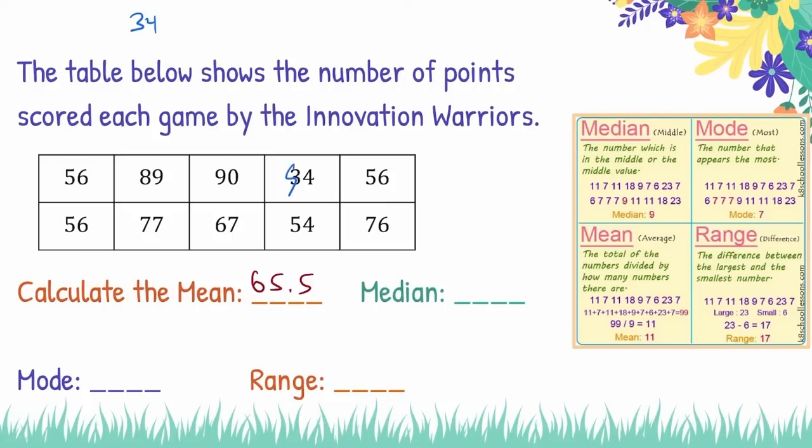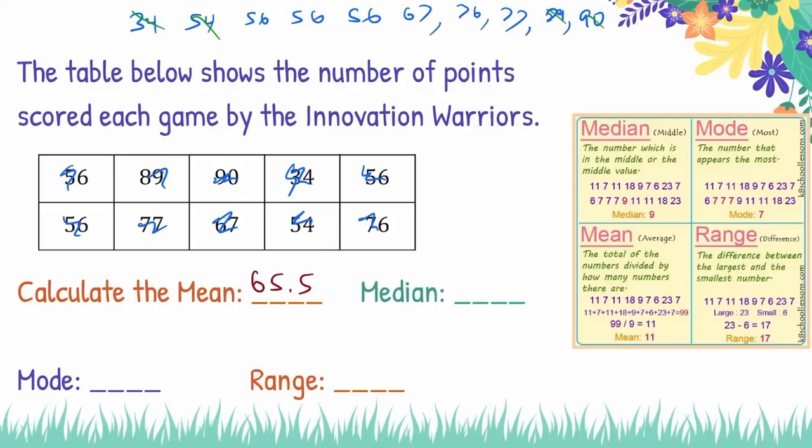So 34 is the smallest, and then our next smallest would be, I believe, 54, and then 56, 56, 56, and then 67, and then 76, 77, 89, and 90. And then our median, just cross out from both sides until you get to the middle.